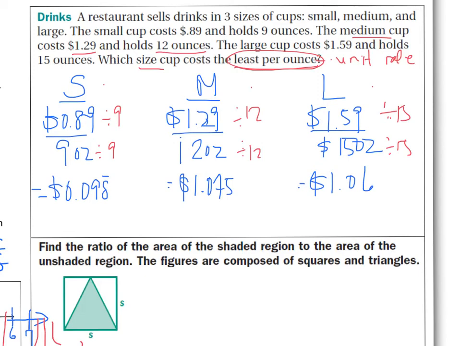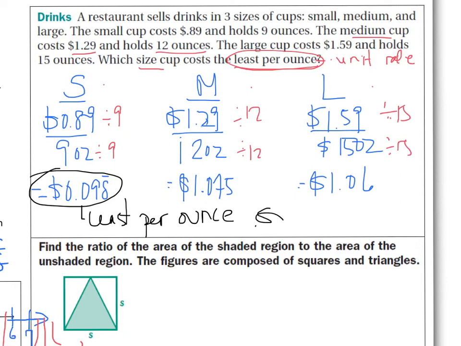And the same goes for the large cup, and you should get about $1.06. So as you can see, the small cup costs the least per ounce. So your answer should be the small cup.